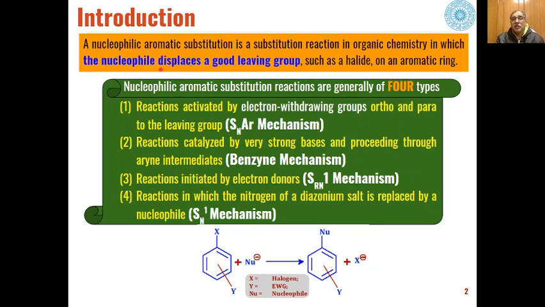Rest of the things remain the same. The attacking species is a nucleophile and there must be some good leaving group, and in most of the nucleophilic aromatic substitution reactions the leaving group is a halogen.